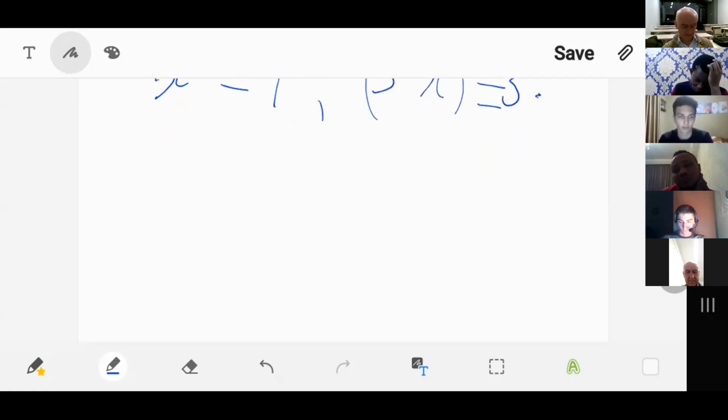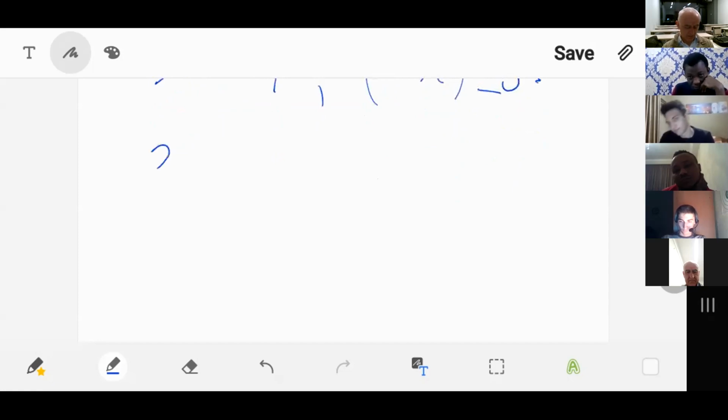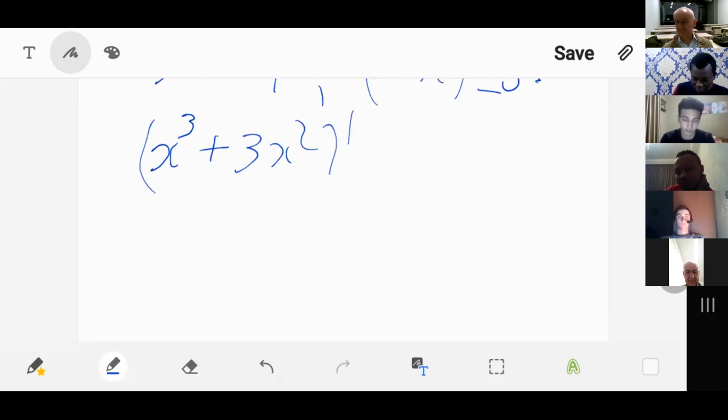Now let's answer your question. Our previous example was x cubed plus 3x squared. In this case, we have to use the formula that the derivative of a sum of functions is the sum of derivatives.